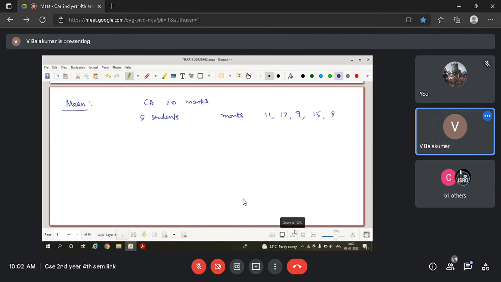Now, there are some 50 students in the class. That was somewhat easy. Now, there are 50 students in the class, and only these marks are obtained, the same marks, but the number of students is different.